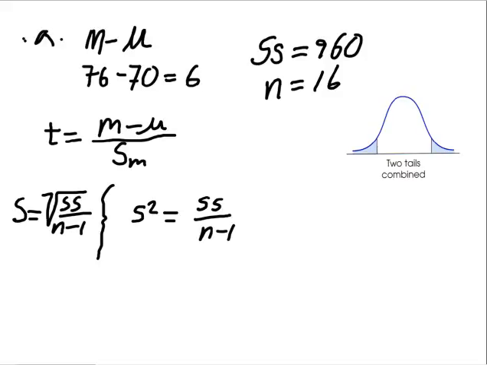So let's look right here. This is the same thing as 960 divided by n minus 1, which is 15, and that is 64.